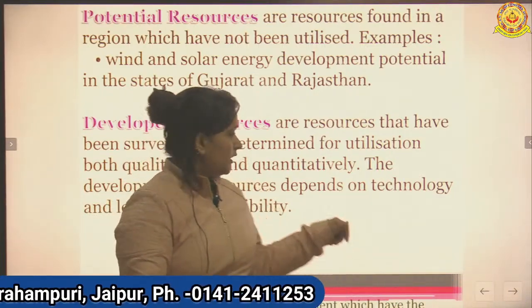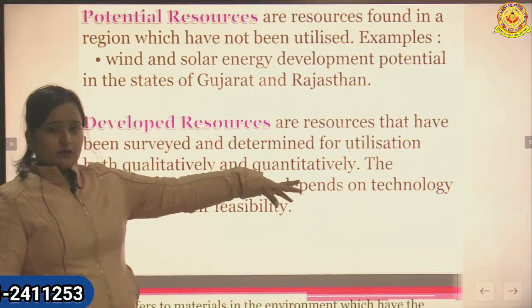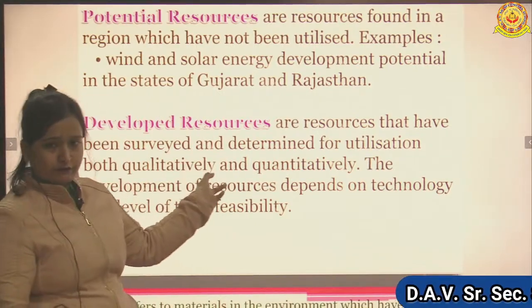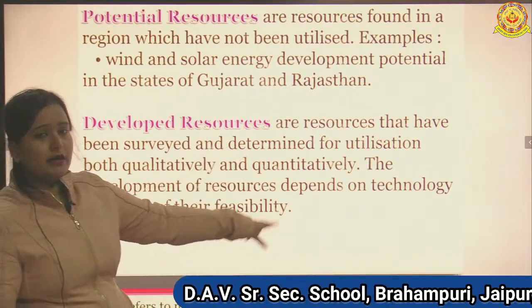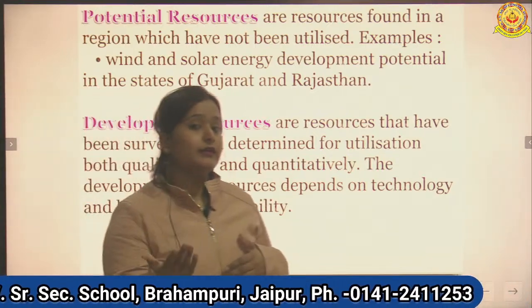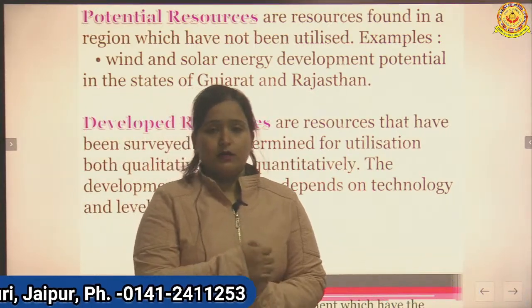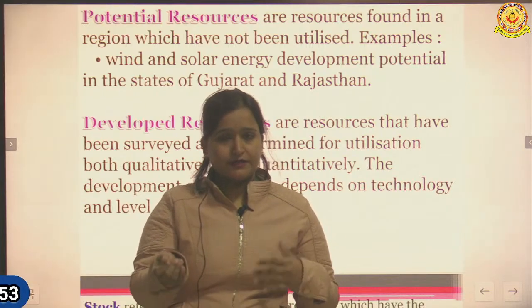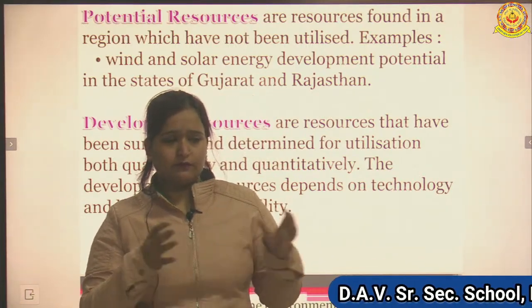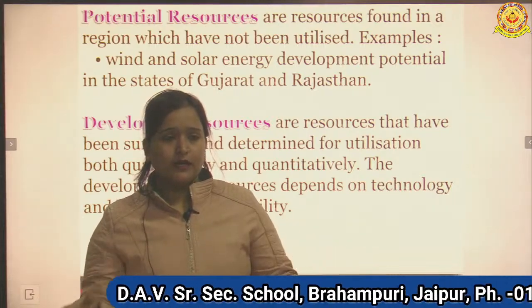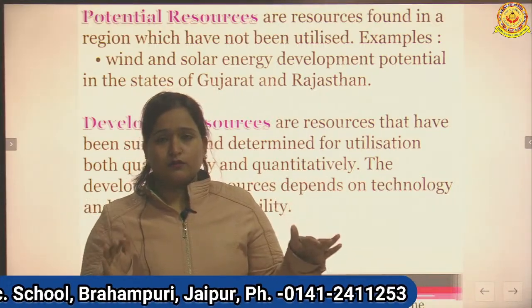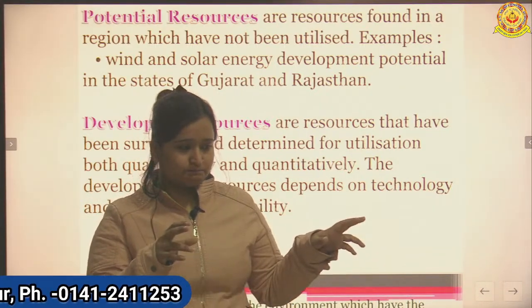Is it fine? Okay, and now the resources that have been surveyed and determined for utilization, quality wise and quantity wise. The resources we are getting in a proper amount. For example, in an area, for example Ladakh.